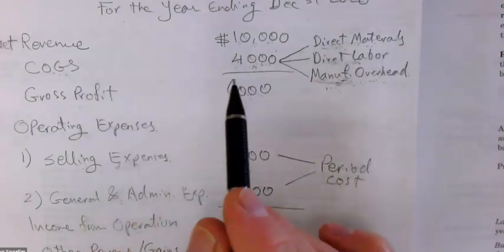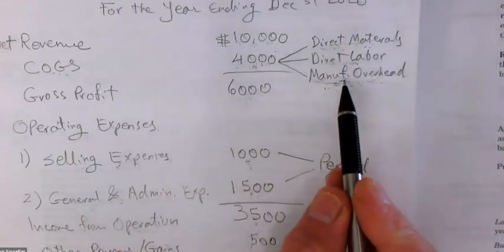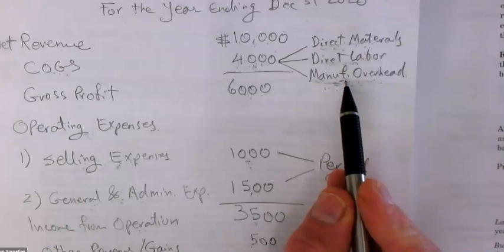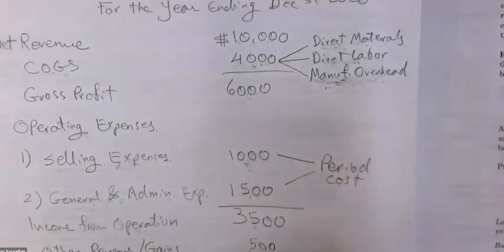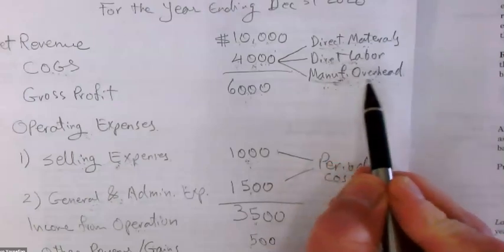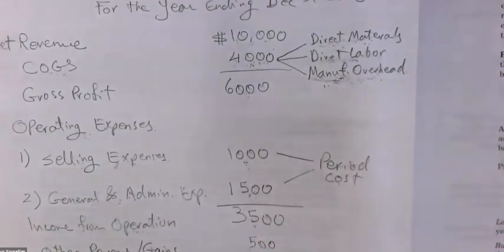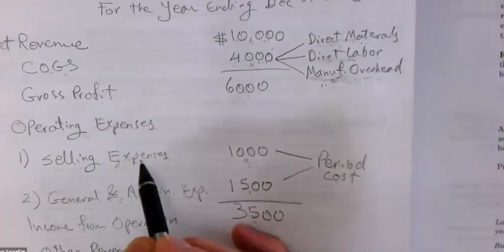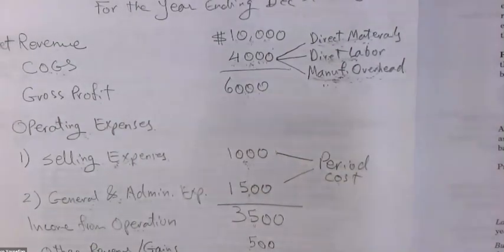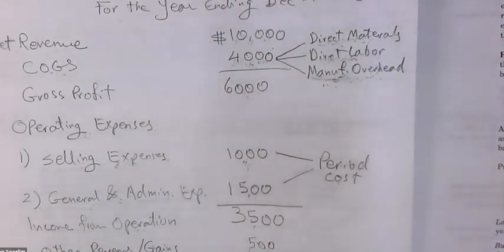But equipment depreciation for the factory will be recognized as manufacturing overhead. You never recognize it as depreciation expense. Yes, I know it's a depreciation expense, but you debit overhead. You don't debit depreciation expense. But here, for this equipment in this area, yes, you debit depreciation expense. Any question? Okay.